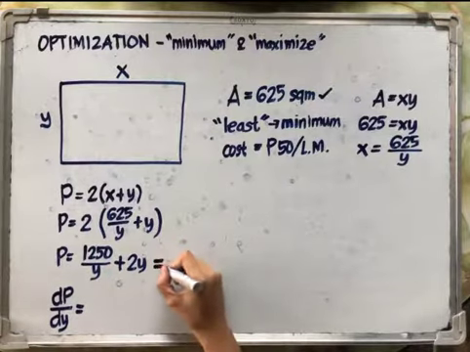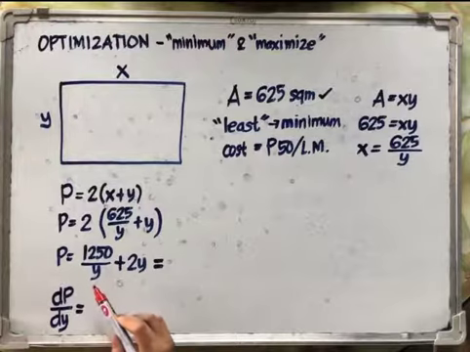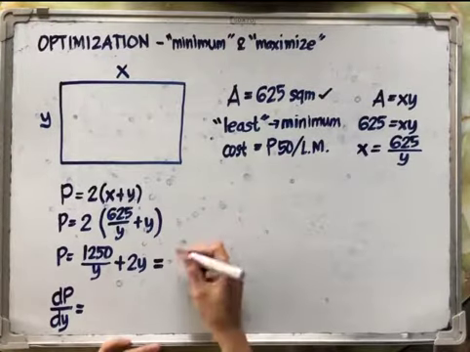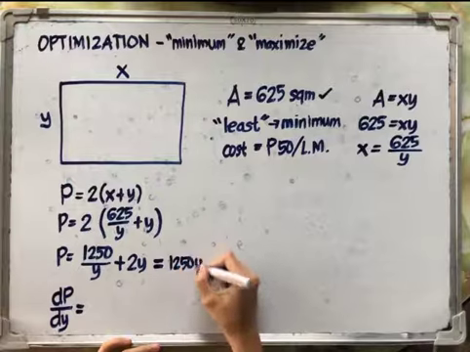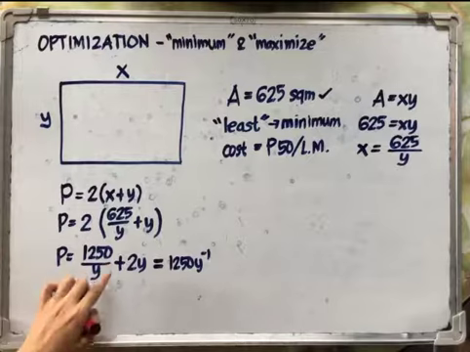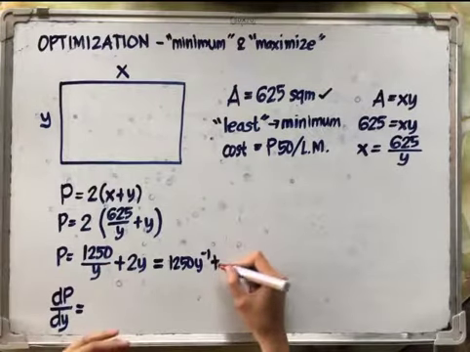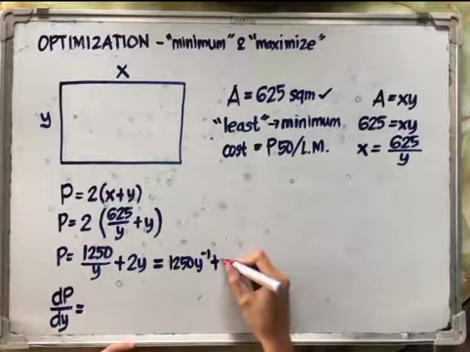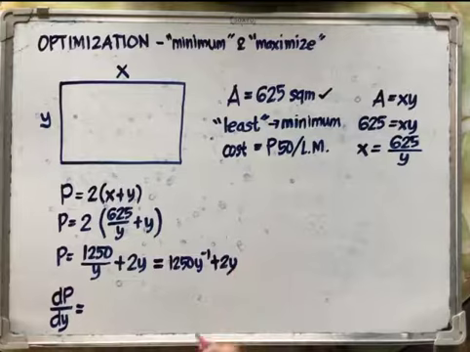Sulat ko siya in this manner, ha? Ako kasi hindi na ako masyado nag-deal with division kung hindi ko naman talaga kailangan. So, pwede mo siyang isulat as 1250 y raised to negative 1. Naiakyat mo siya dito para mas madali siyang i-differentiate. But, if you can do it using the division na derivative, pwede naman. Okay? So, ganyan ako mag-differentiate.